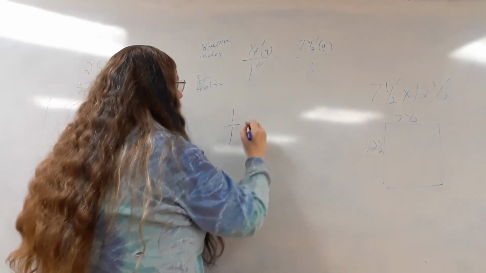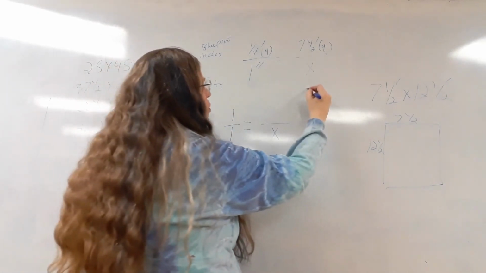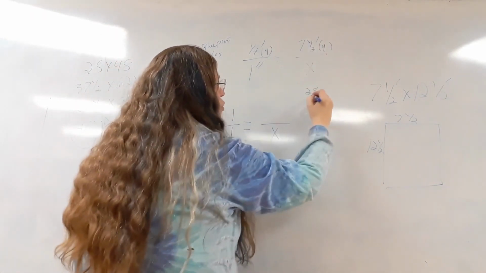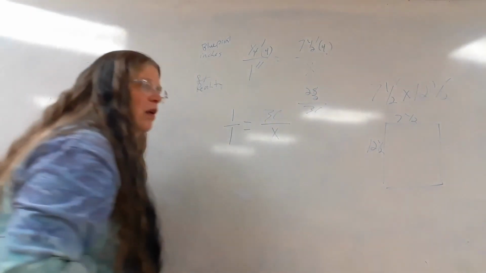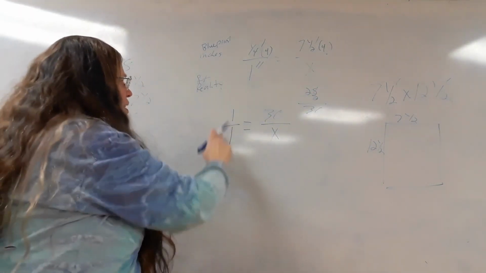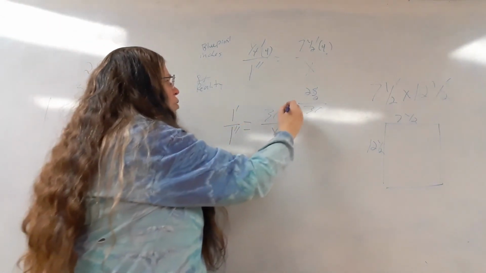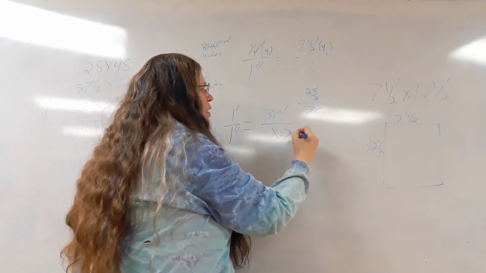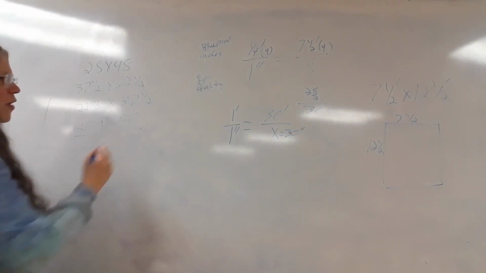So we have 1 over 1 equals x over 7 times 4 is 28. Half of 4 is 2. So we get 30. If 1 inch is 1 foot, then 30 inches is going to be equal to 30 feet. So our answer is this 30 by 50.